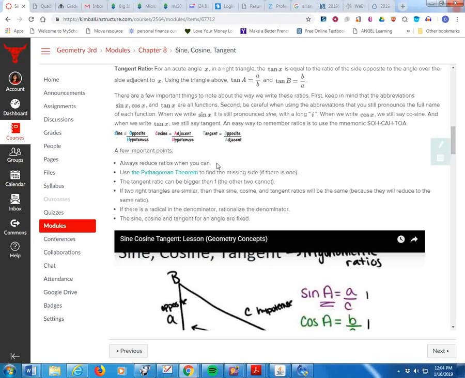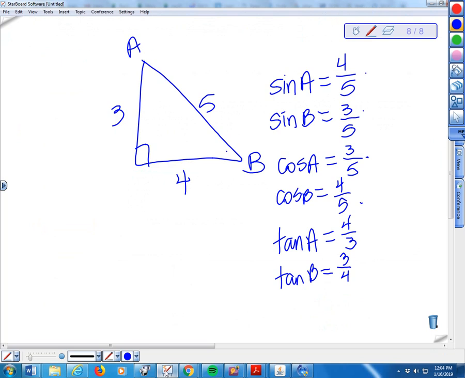The tangent ratio can be bigger than 1. Here, the tangent ratio was bigger than 1, right? It's possible. It's not always bigger than 1, but it's possible. Sine and cosine can never be bigger than 1. Why? It has to do with the hypotenuse.